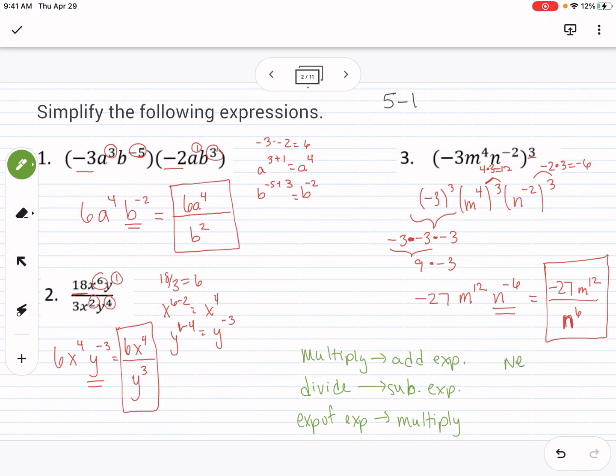If you have a negative exponent, write your answer as a fraction, and move that term to the bottom, or to the denominator.